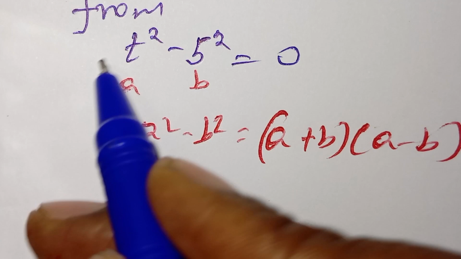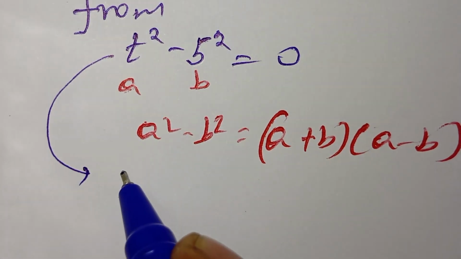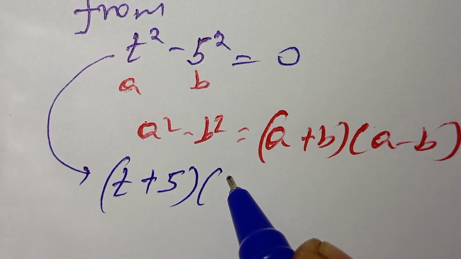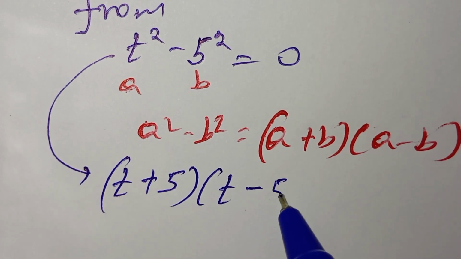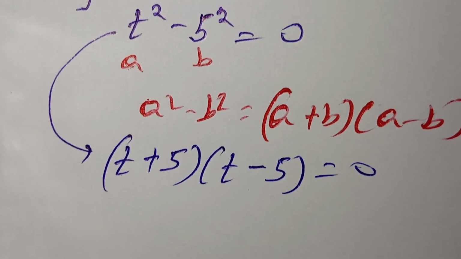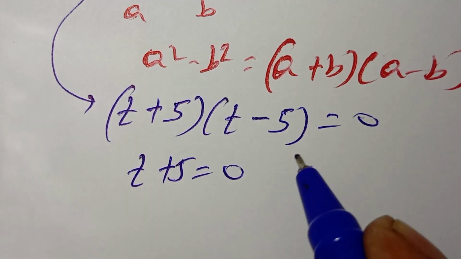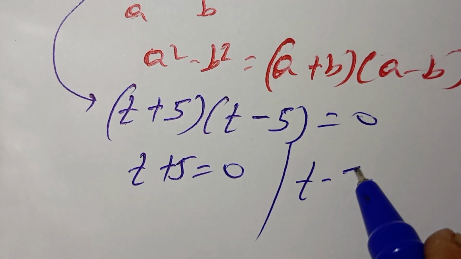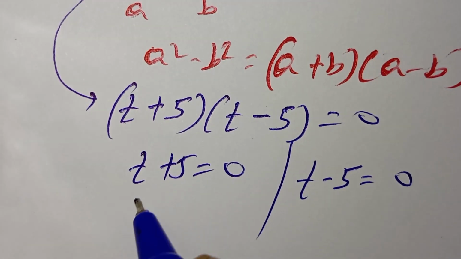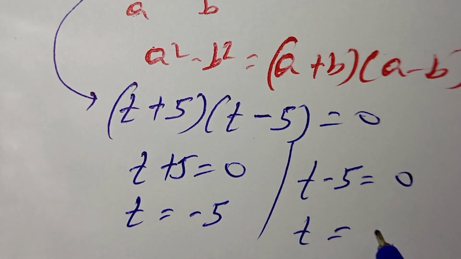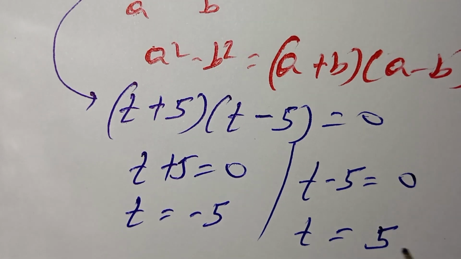So based on these parts, t plus 5 times t minus 5 is equal to 0, and from this t plus 5 is equal to 0 and t minus 5 is equal to 0. So t is equal to minus 5 and t is equal to 5.